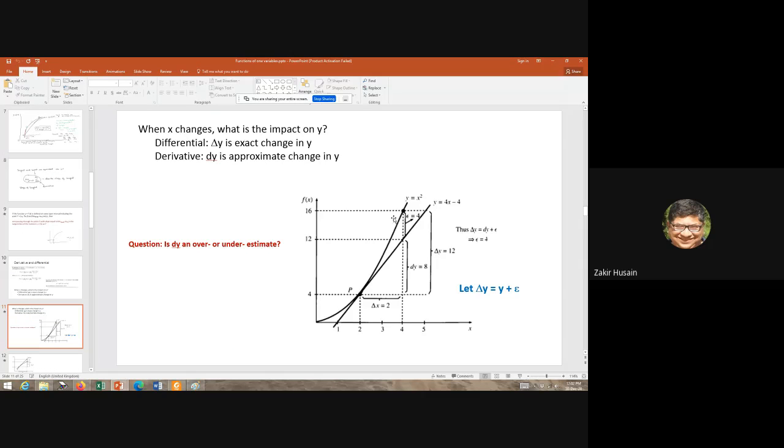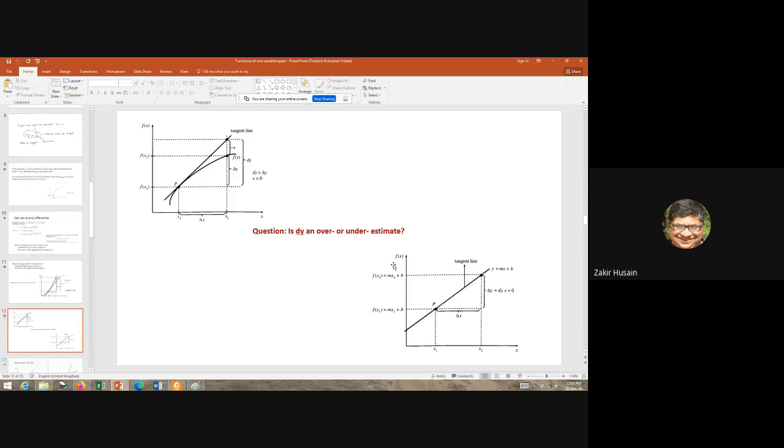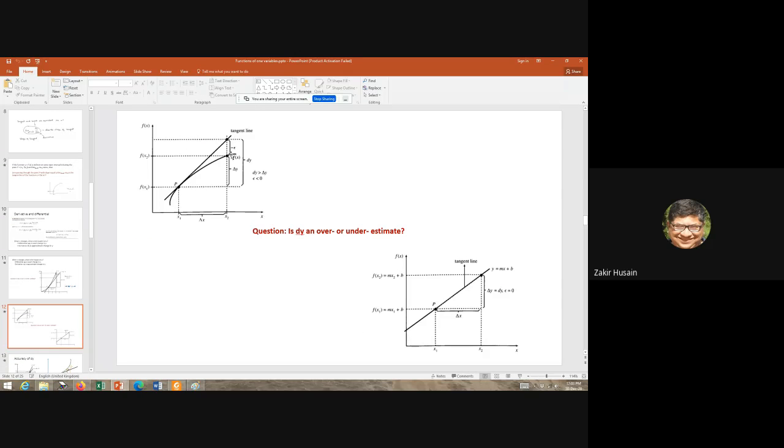So dy and dy/dx, and delta y over delta x, the differential and derivative will in general not be the same. We generally have a margin. In that case, dy can be either an overestimate, as in this case, or an underestimate in this case.